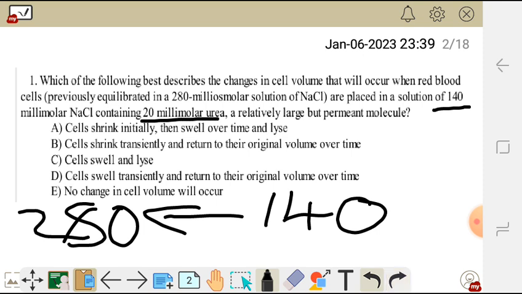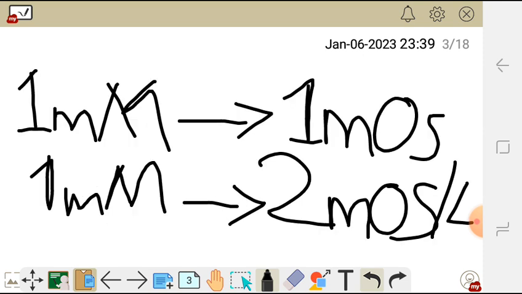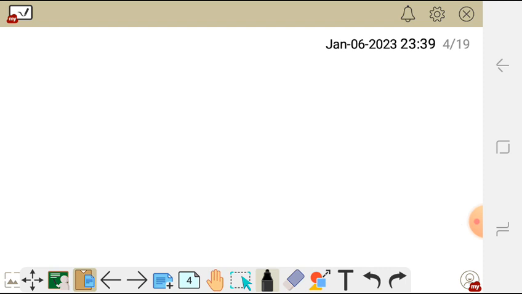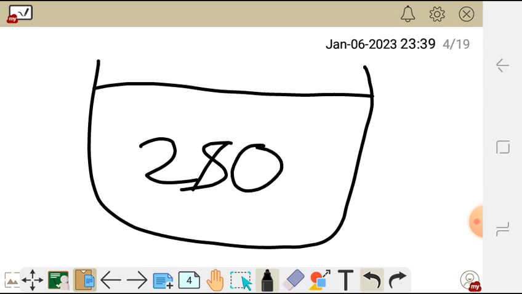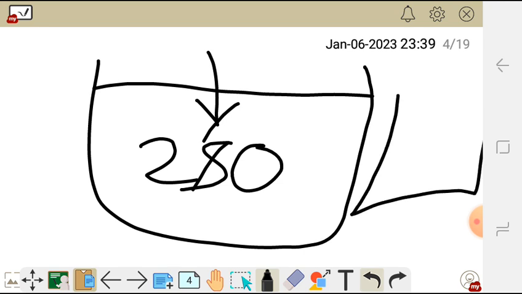Okay, so what will happen to this cell? We have a beaker where we have put that 280 milliosmolar of sodium, and we are placing a cell in it. But initially that cell was also in 280 milliosmolar.